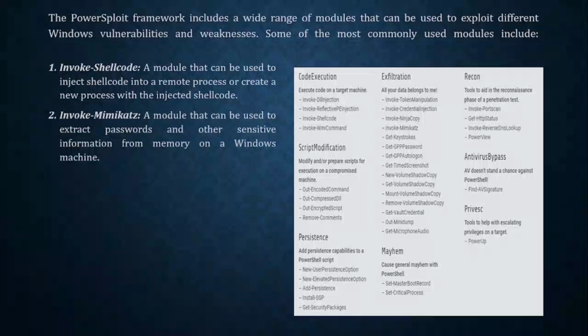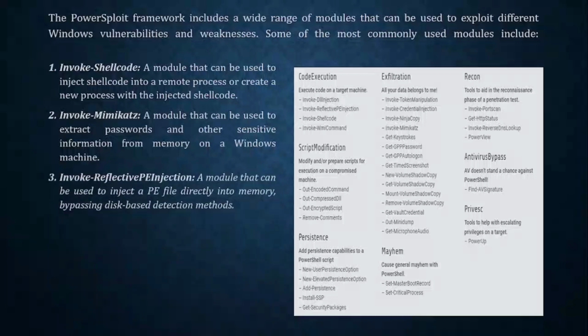Now we have Invoke-Mimikatz, which falls under the category of exfiltration, and it can be used to extract usernames, passwords, and sensitive information from memory on a Windows machine. Then we have Invoke-ReflectivePEInjection, which falls under code execution again, and it can be used to inject a PE file directly into memory, bypassing disk-based detection methods.